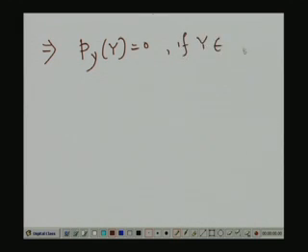In that case, this value y is taken from S y. That is a trivial case.